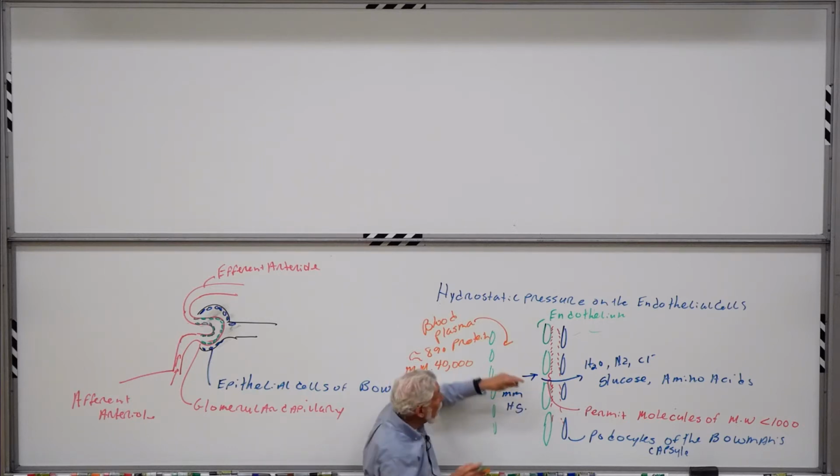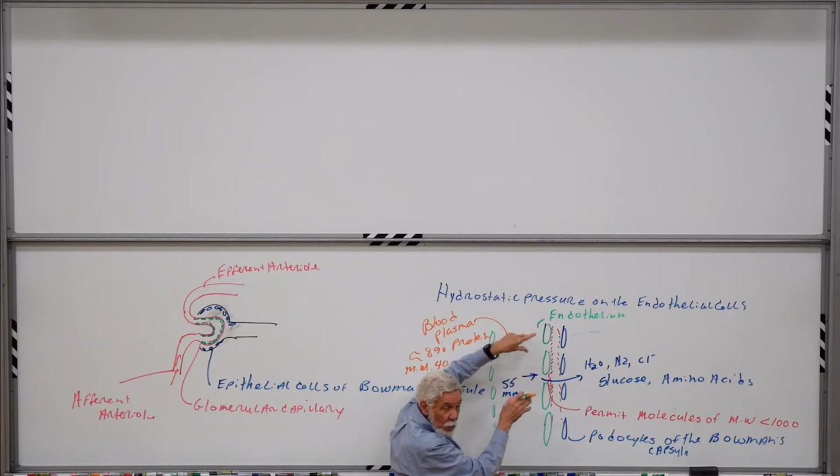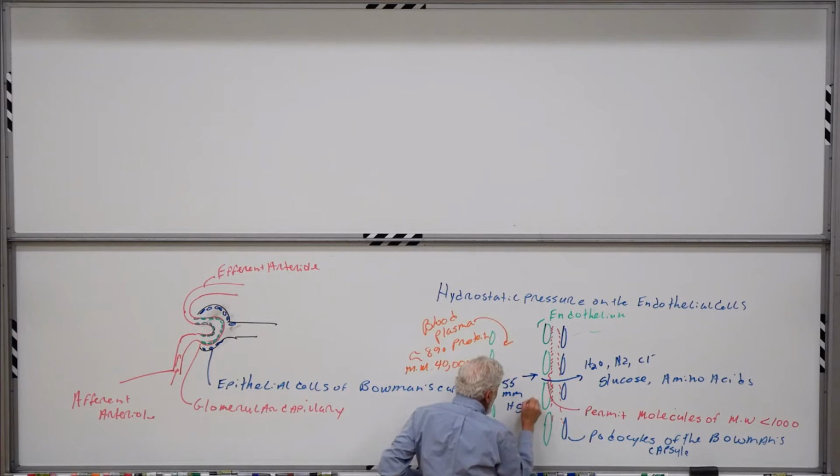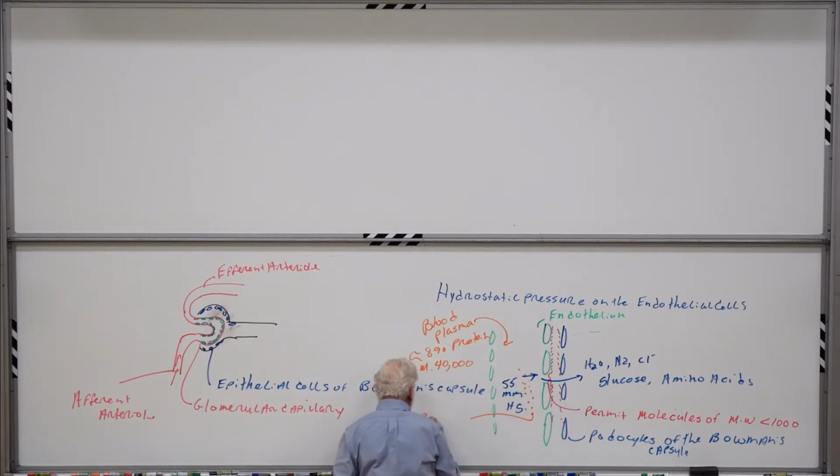The way I kind of imagine this, it's as though you have a dish rag and you're wringing out the dish rag, and you're moving water and salts out, but you're leaving behind a substantial number of these protein molecules.